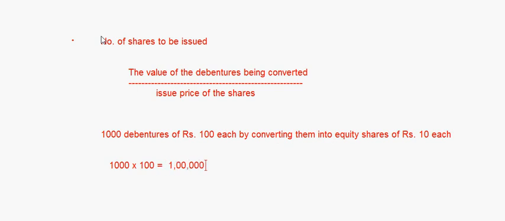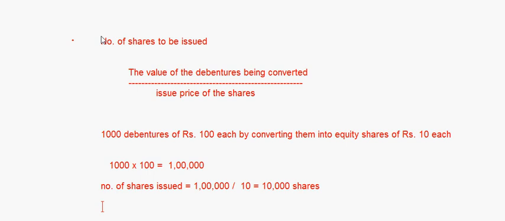So the number of shares issued will be equal to 1 lakh divided by 10 rupees. That is equal to 10,000 shares. So this way the number of shares will be calculated.